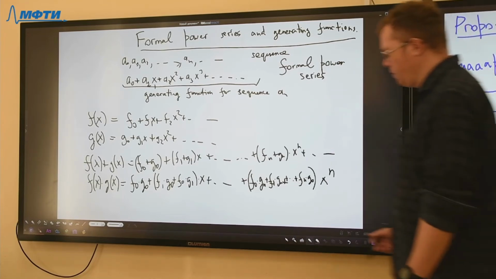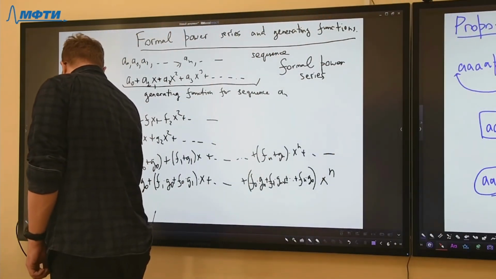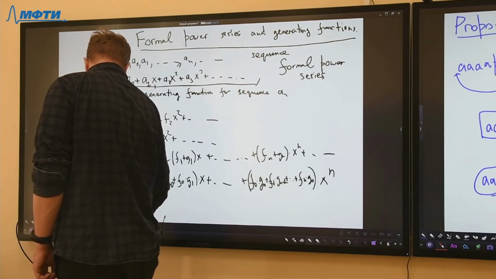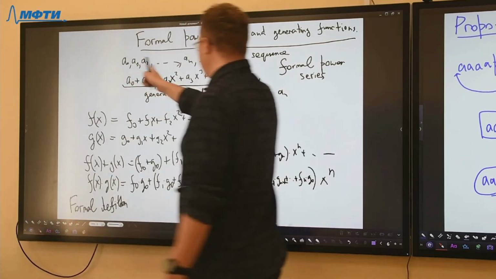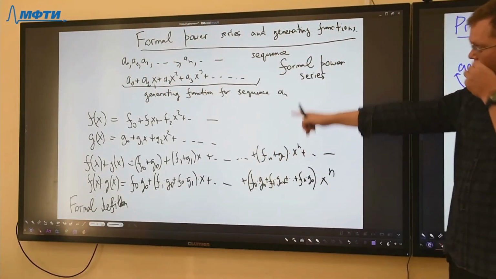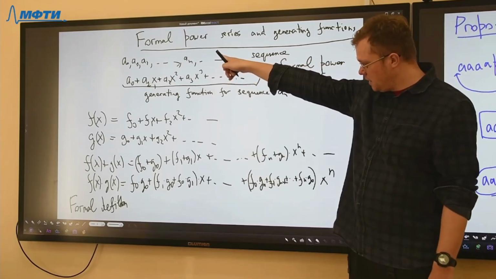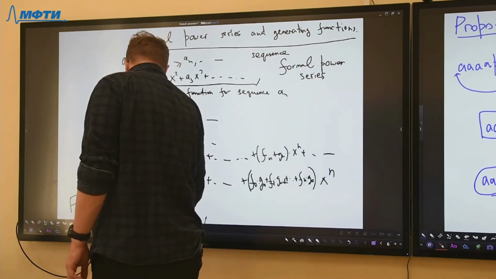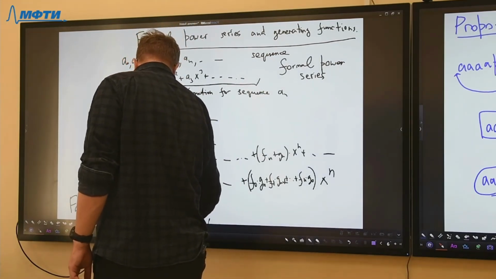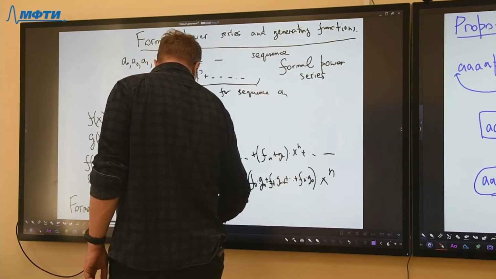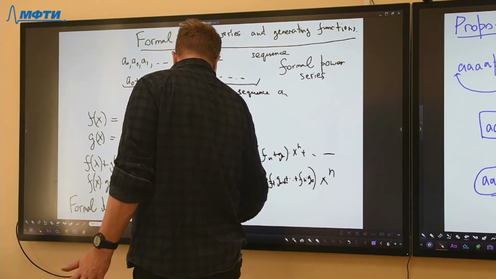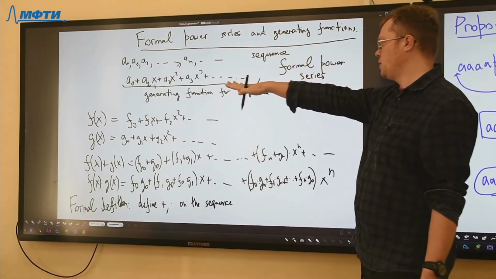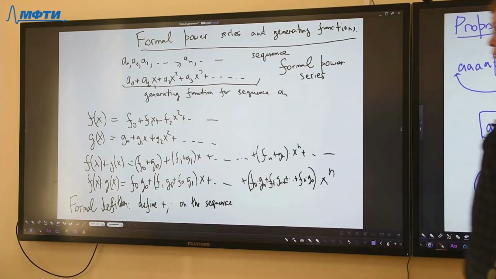If we look at the formal definition, we should start with the sequences and define sum and product just on the sequences, because we already understand that a formal power series is just a sequence expressed in some tricky way.